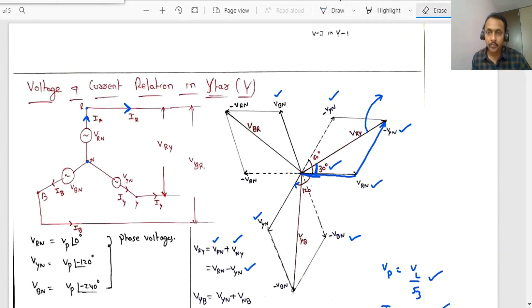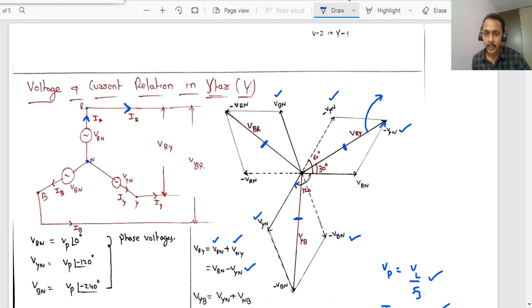Just like as if you have drawn VYN, you can also draw VRY. We can also plot RY, after RY, YB, this part, and BR, this part. Observe again, these line voltages are 120 degrees apart from each other.